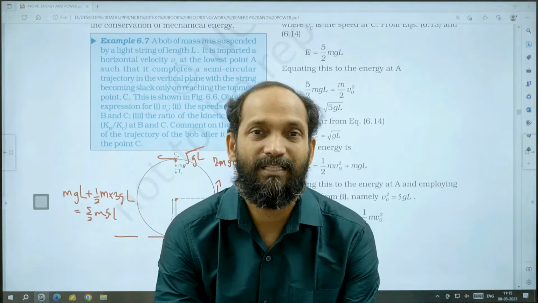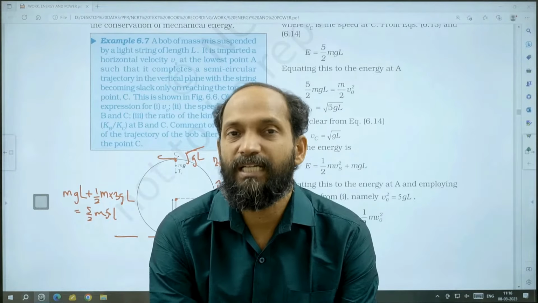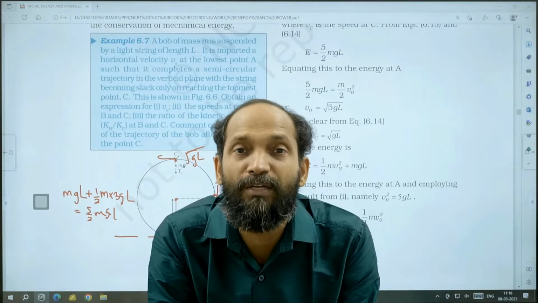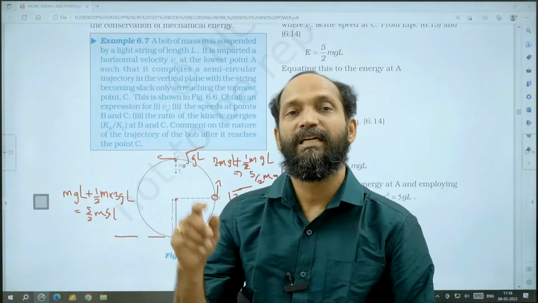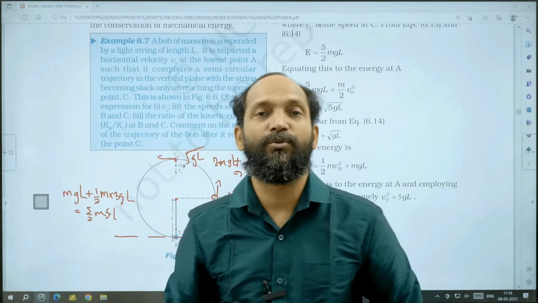Repeating conclusively, for a vertical circle looping the loop with critical speed, the speed at the bottom is root 5gL, at the top it is root gL, and at the position where the string remains horizontal it is root 3gL.